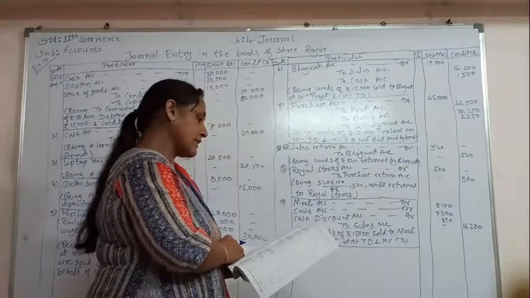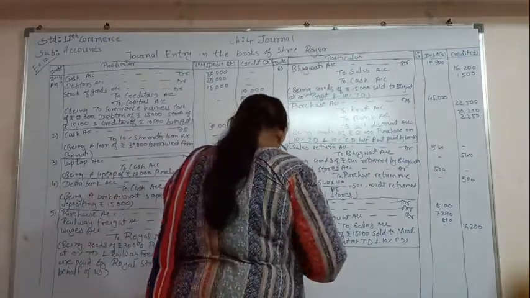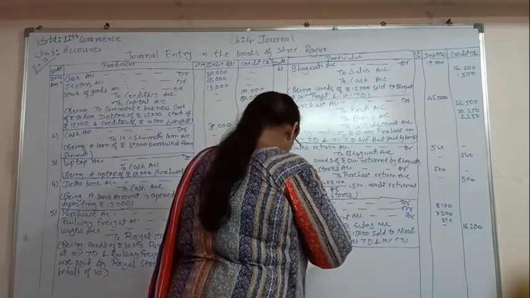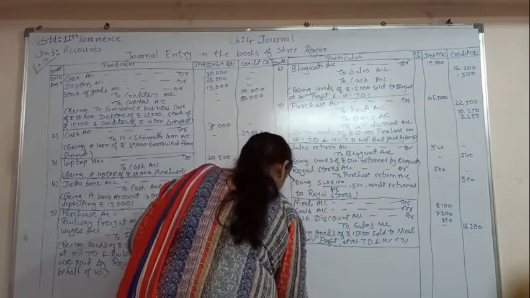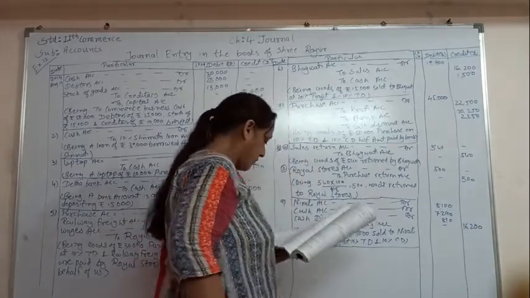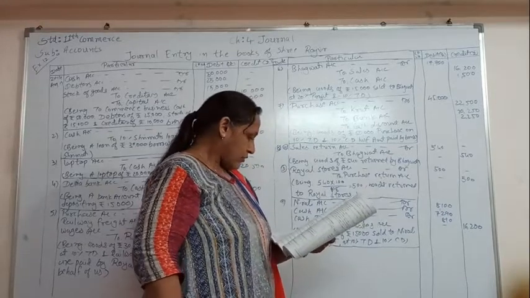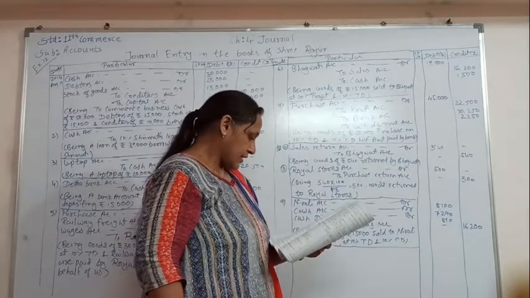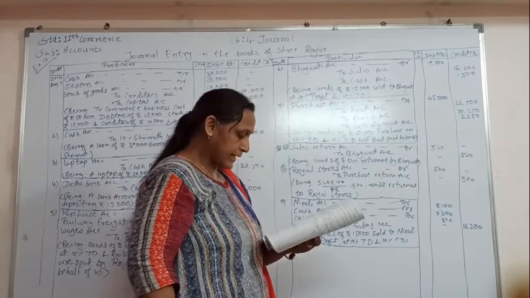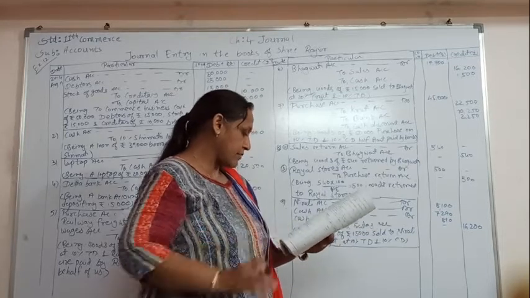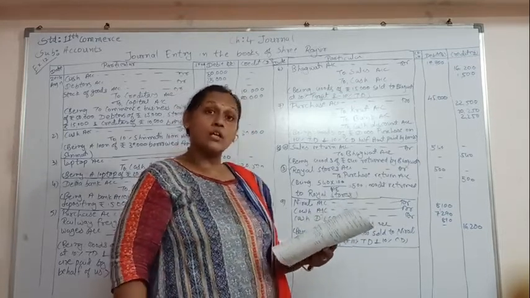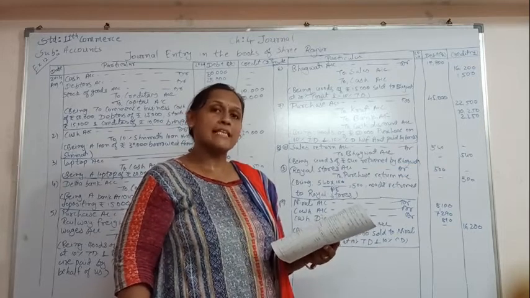Now let's see the next transaction, and next transaction is of date 10. So for 10, goods of rupees 20,000 after adding 30% profit sold to Bhumik at 10% trade discount and 10% cash discount. So 30% of 20,000 will be 6,000.